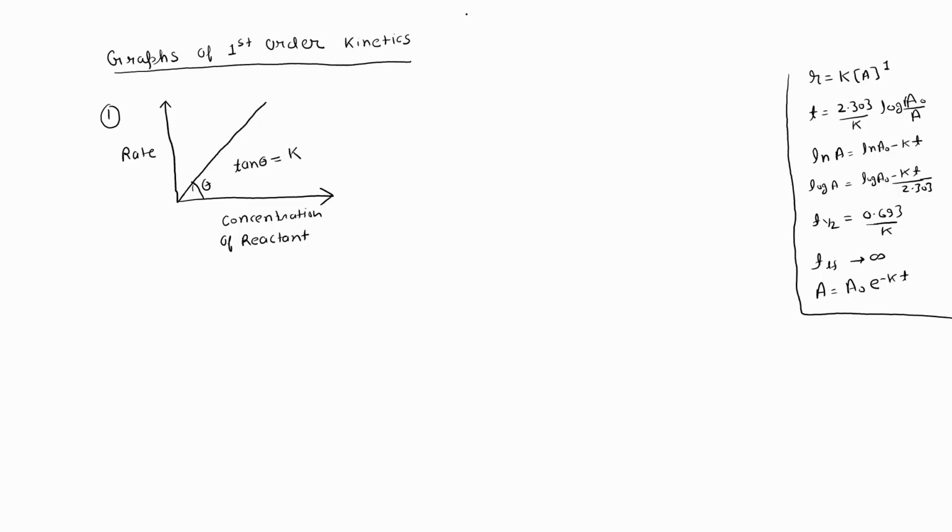Okay. These all are for reactions of type A gives product. Okay. Now the second graph will be rate with respect to time.